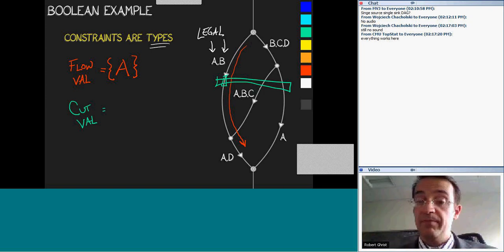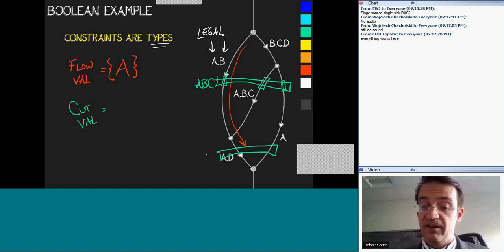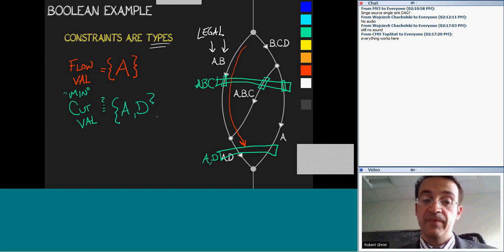So here I have AB, union ABC, union A. So the value of this cut is A, B, and C. If you look for the smallest possible cut, it's pretty clear that it's this one right down here. It has A and D. So the minimal value would seem to be A and D.